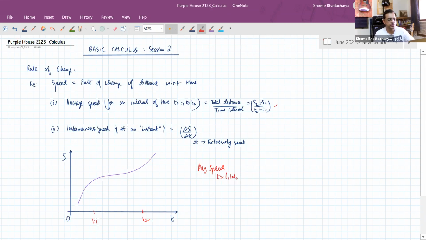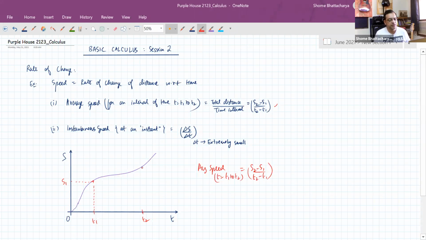So what does that quantity become? We already know the formula for it. It is S2 minus S1, or the total distance in that time, divided by the time interval. But from the graph, let's interpret what we mean by this. If this is the time T1, then at time T1, I have covered a distance S1 with respect to the starting of my motion. Obviously, the starting would have been from T equal to 0, S equal to 0.